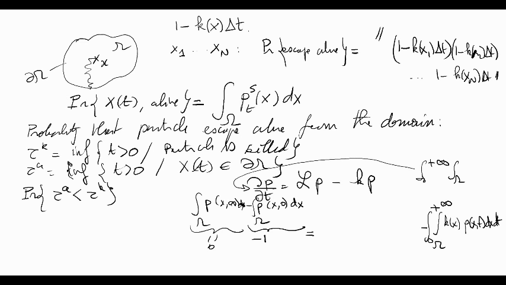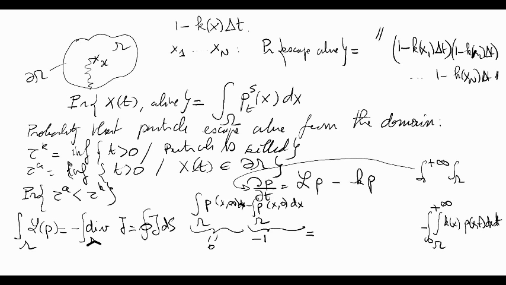And now the first term can be, as we have seen before in the class, written in a divergence form. It's minus divergence of the probability flux j. So if we integrate over omega, by Gauss theorem, this is just the flux over the domain, ds.